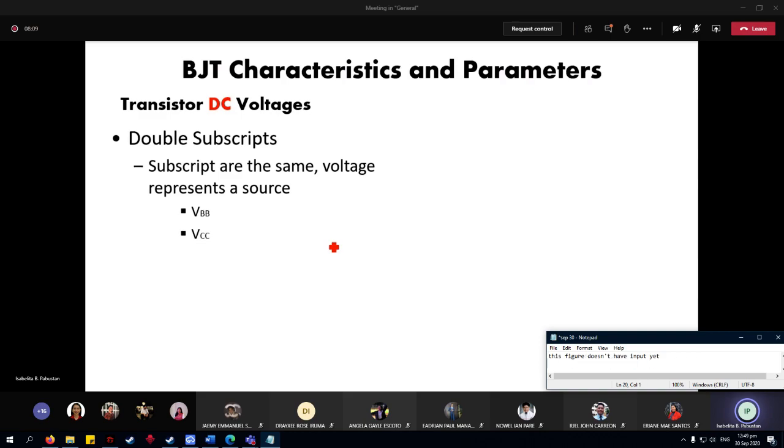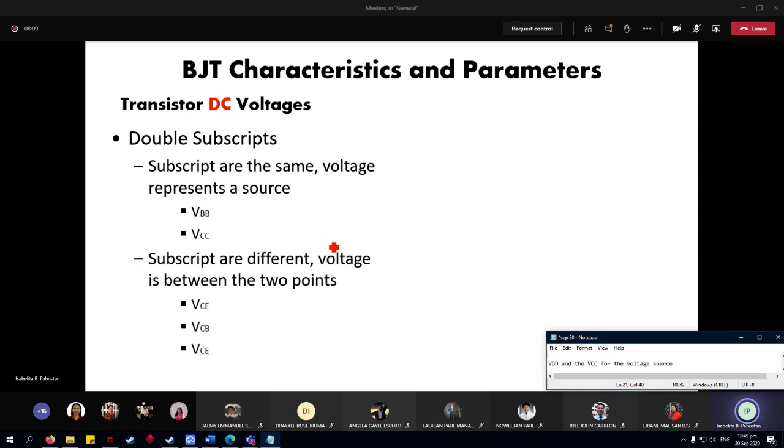Now, this is the naming convention for voltages. With double subscripts, like the VBB and the VCC, you usually use that for a voltage source: VBB, VCC, VEE, etc. When the subscripts are different, it means you are measuring voltage across two points.